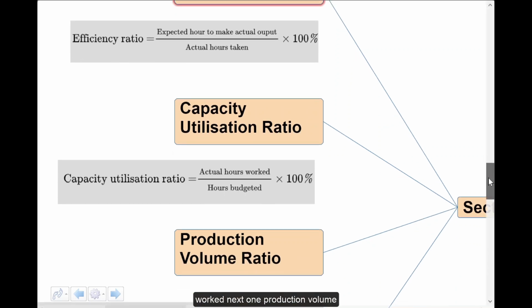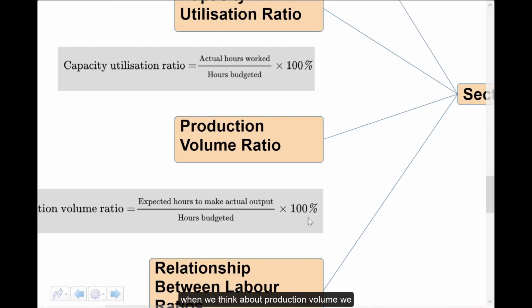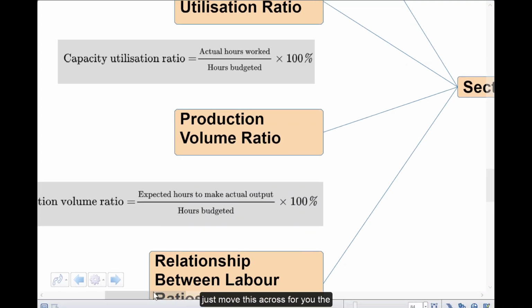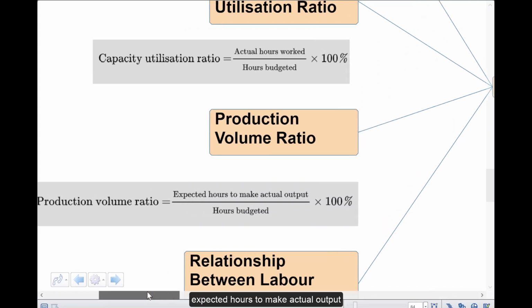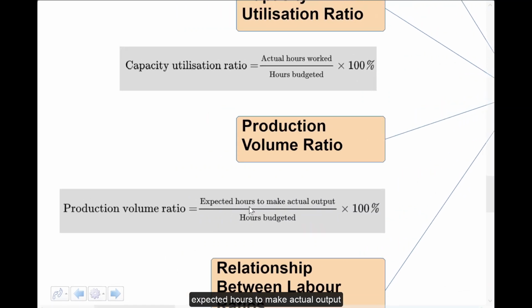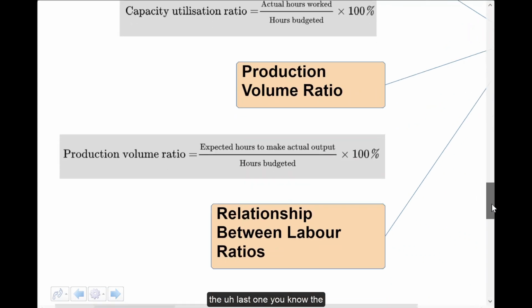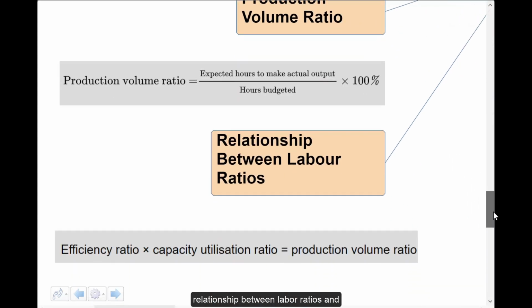Next one, production volume. When we think about production volume, we look at the expected hours to make actual output divided by the hours budgeted, the production volume ratio. And then indeed the last one, the relationship between labor ratios.